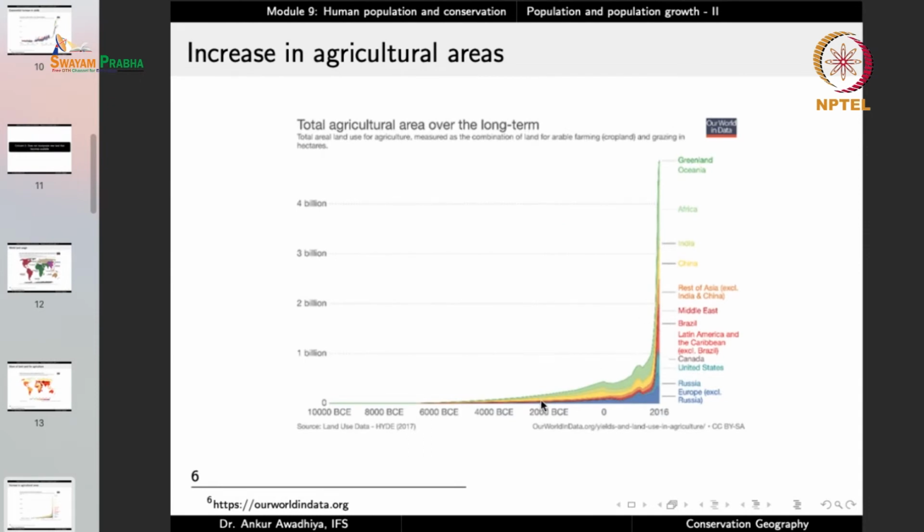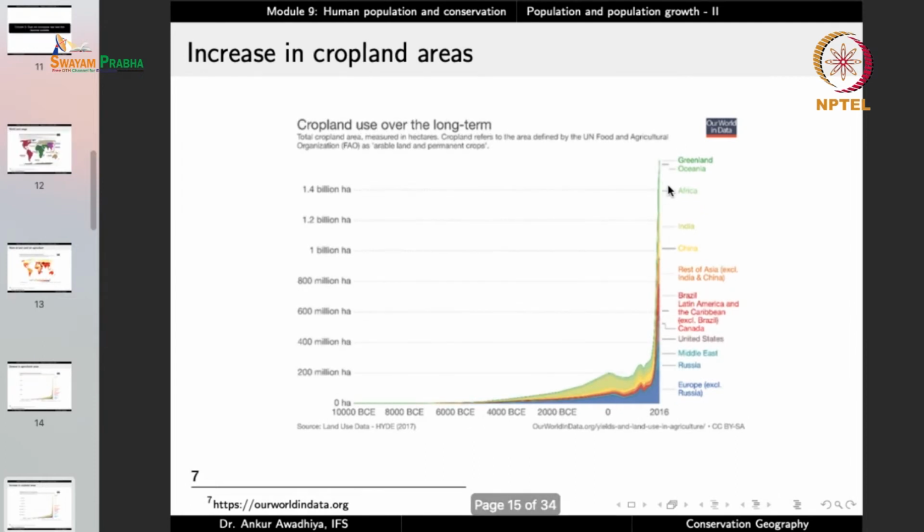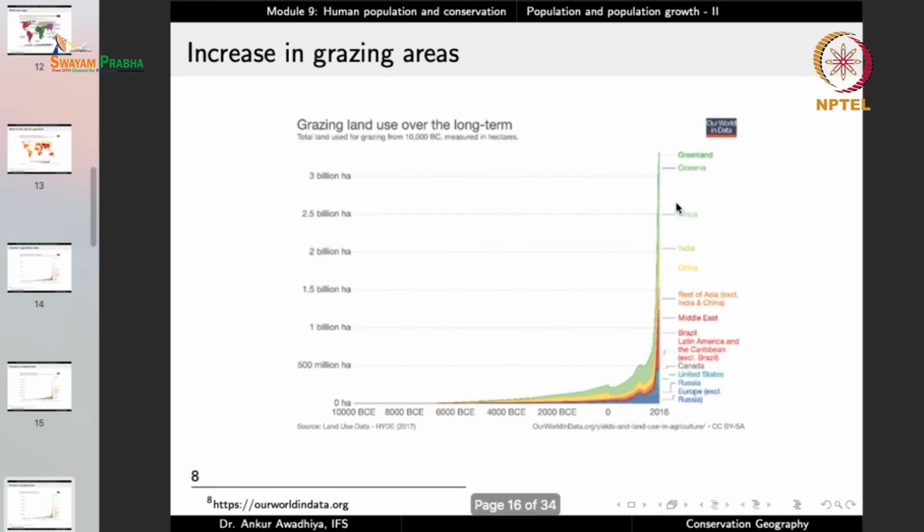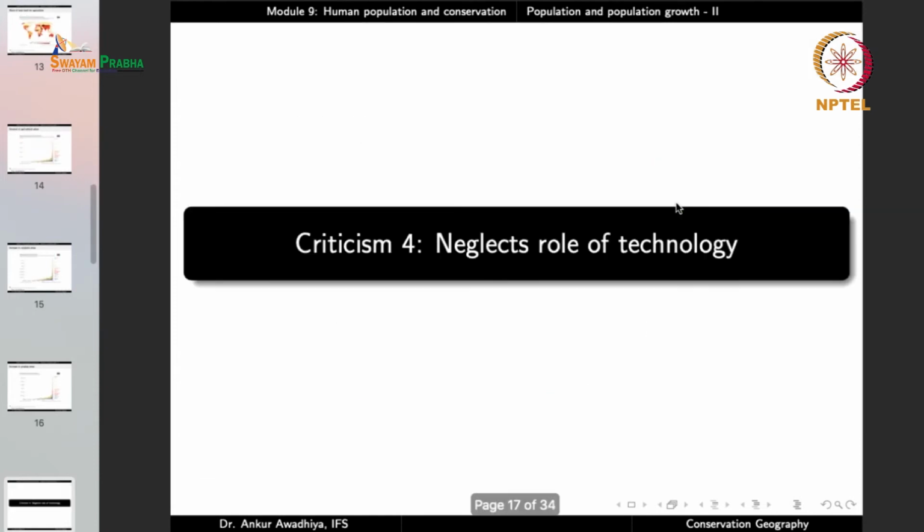If you look at the areas that are under agriculture over the long term, we see an exponential growth. There is an exponential increase in the areas under croplands. There is an exponential increase in the areas under grazing. So this is also something that Malthus did not consider when he was propounding his theory.